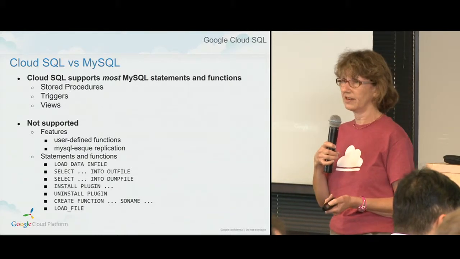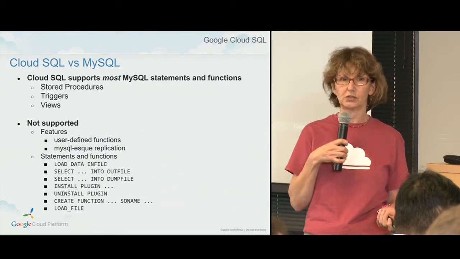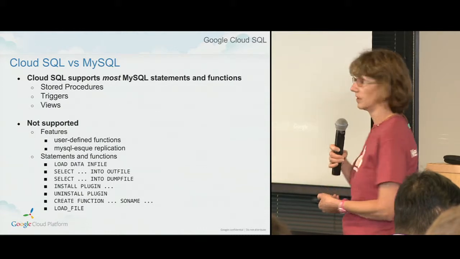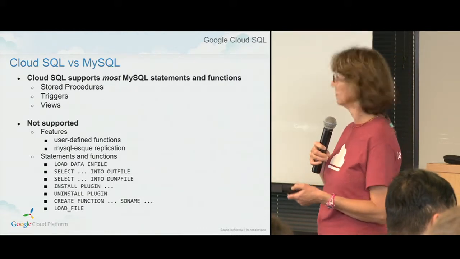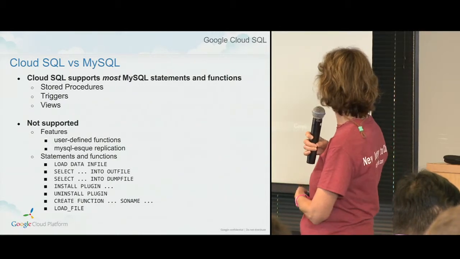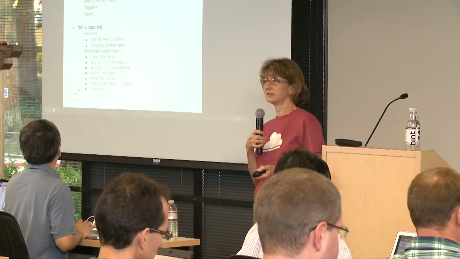So any functionality in SQL to do with replication, we don't support because we do the replication for you. Things like loading files, there isn't really a concept in Cloud SQL, so we don't support those kinds of things. We don't support plugins. But does that make sense? It's just kind of high-level differences.